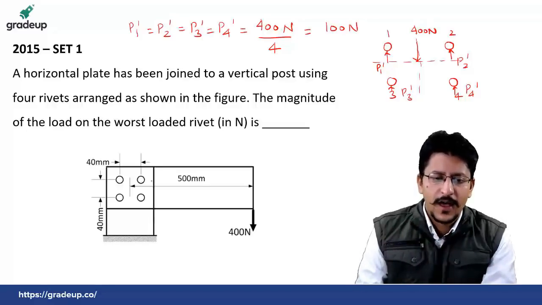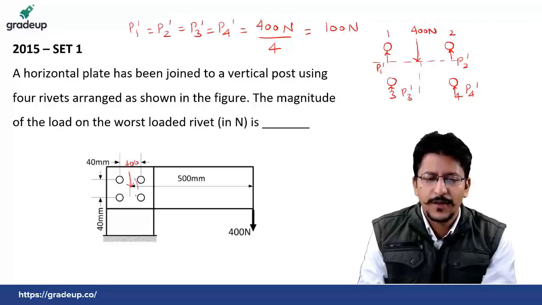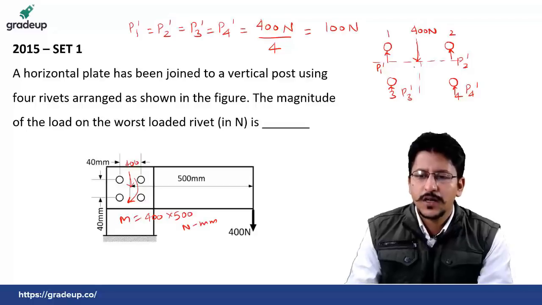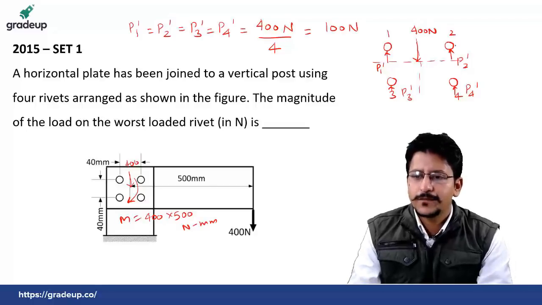Then I told you that there is this 400 Newton load and a moment M equal to 400 into 500 Newton mm. This will cause secondary forces at the distances R1, R2, R3 and R4.